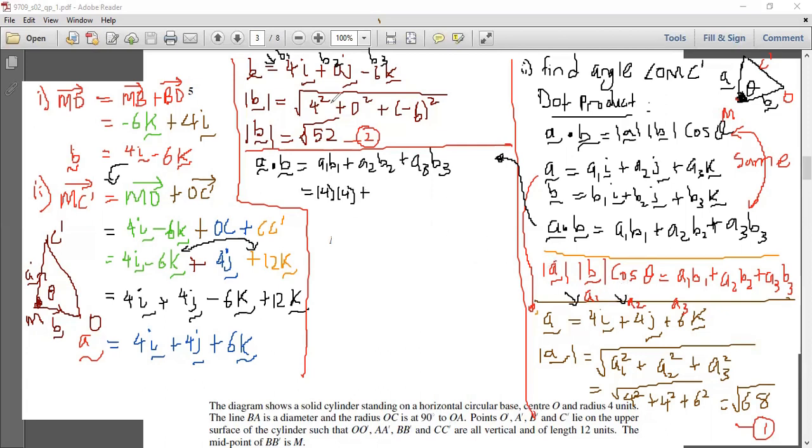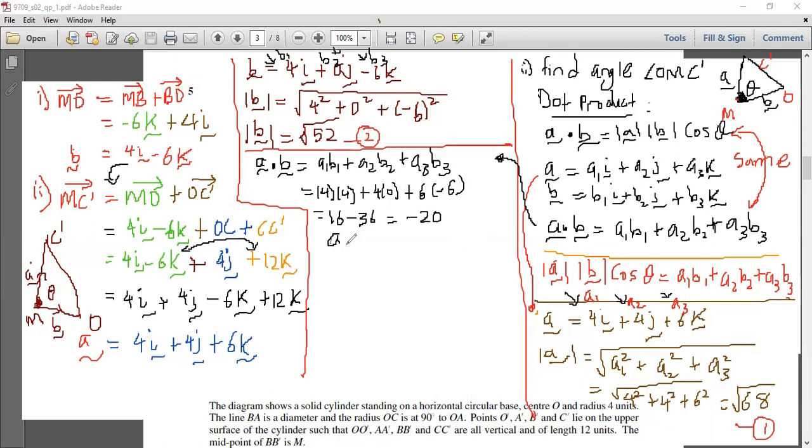A2 is 4, B2 is 0, so 4 times 0, plus A3 is 6 and B3 is negative 6. So it becomes 16 minus 36, or negative 20.